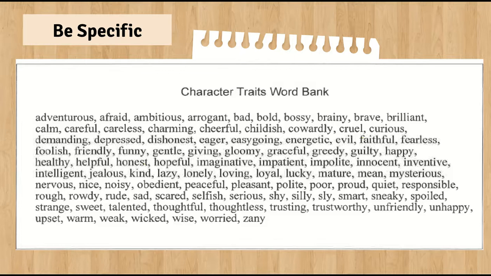You want to be really specific, so it is a good idea for you to use a word bank. We have one provided here on the slide for you. So you can see words that might not be as commonly heard, like gloomy, lucky, loyal, selfish, thoughtful, wicked.